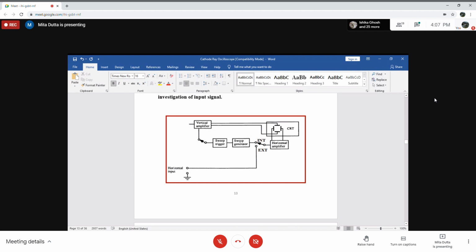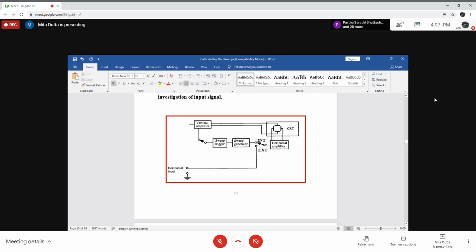And we will see that when the horizontal amplifier is connected to the internal position, marked as INT, then it is used to amplify the voltage generated by the sweep generator, or the sweep waveform produced by the sweep generator, which is proportional to time.